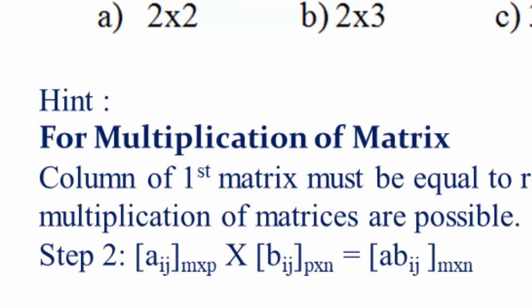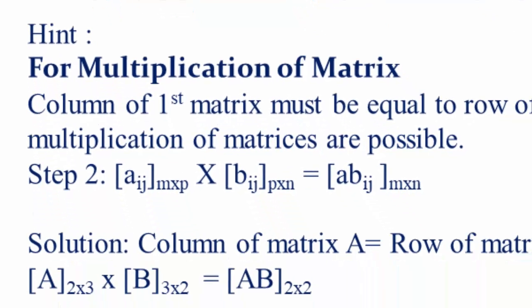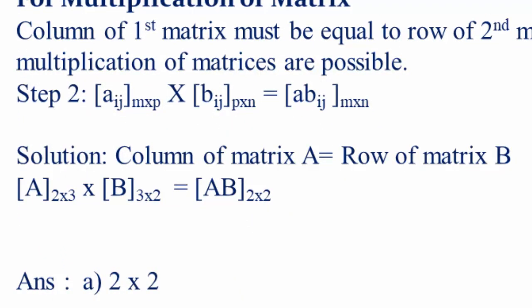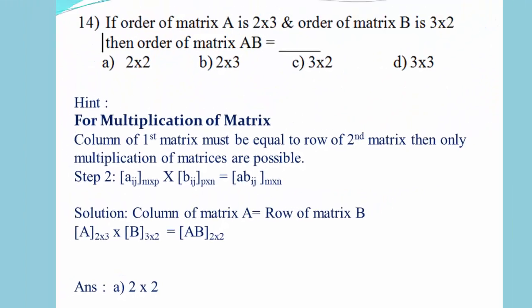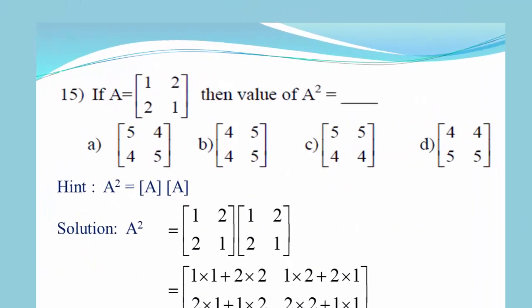The column of matrix A is 3 and the row of matrix B is also 3. So, A of order 2 by 3 into B of order 3 by 2, the resultant matrix, that is the product, is of order 2 by 2. So, option A, 2 by 2, is right.